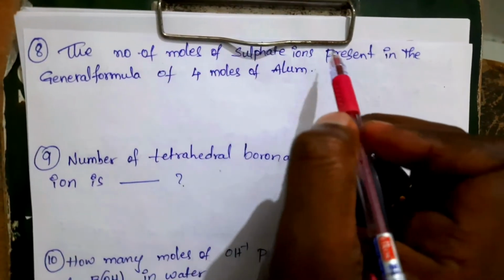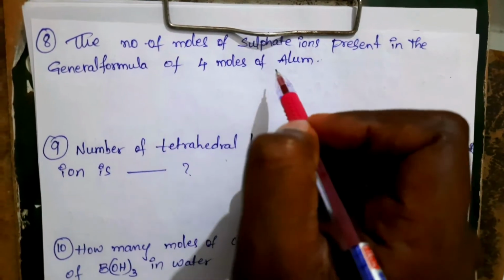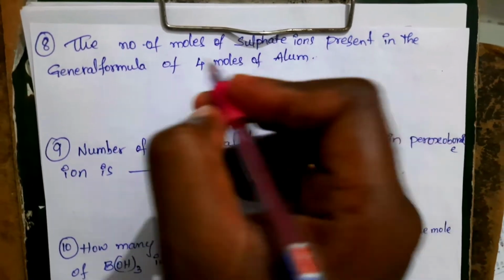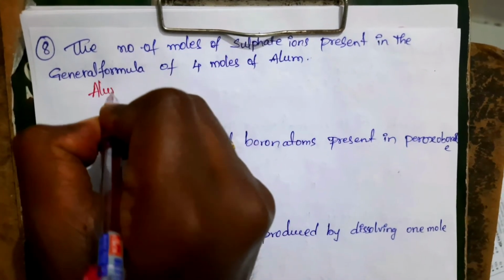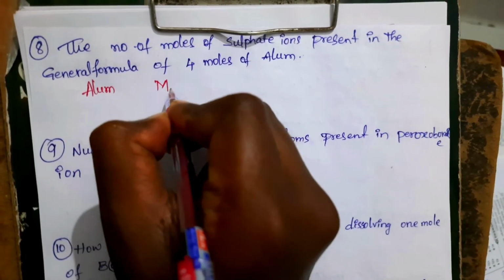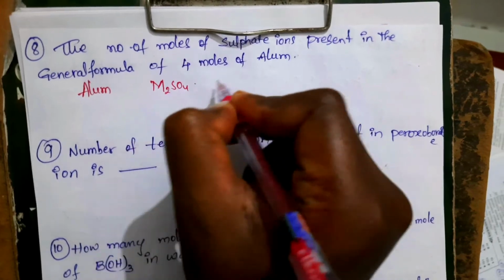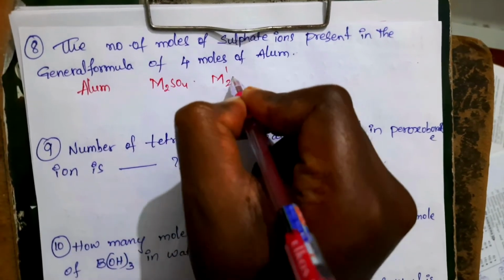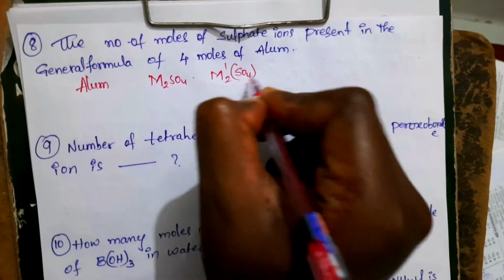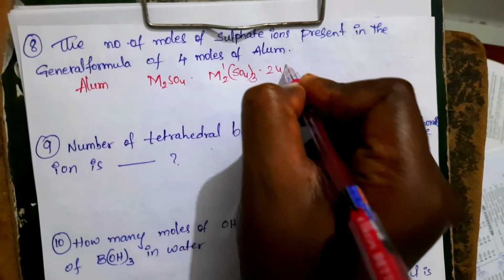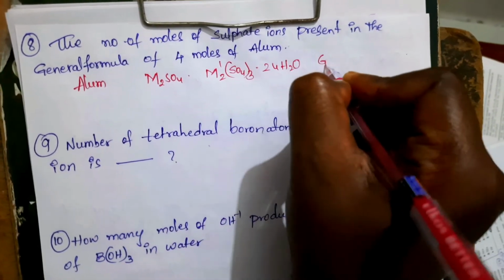The number of moles of sulfate ions present in the general formula of 4 moles of alum. Alum general formula is what? Just now we had seen M2SO4.M2(SO4)3.24H2O. This is the general formula of alum.